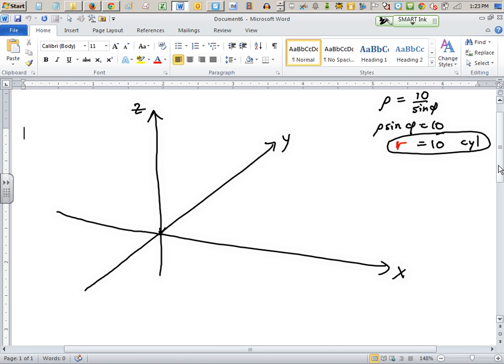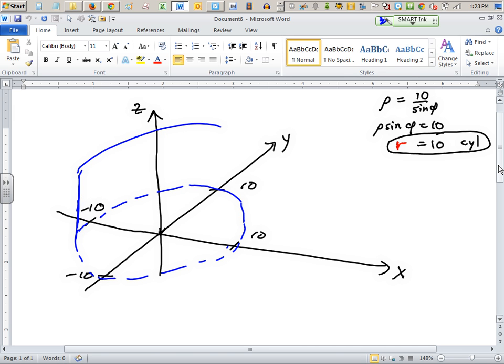So imagine a radius 10 cylinder. Okay, so something like this. If Sydney were here, she could draw a much better picture.